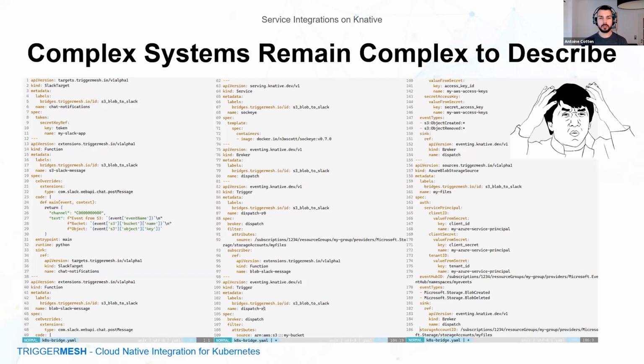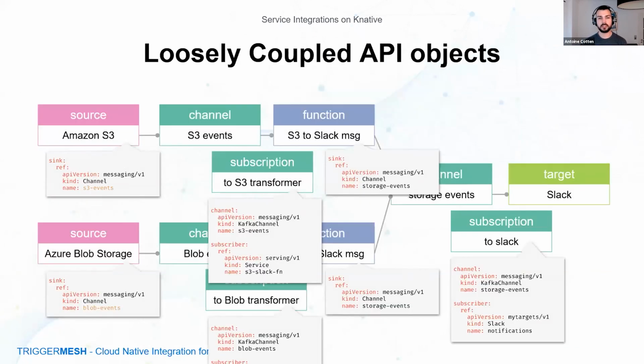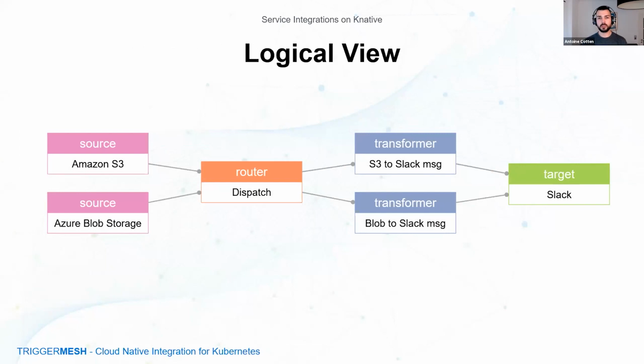What you really wanted was definitely not this, but you wanted to reason about your system more from this perspective: I have event sources, they might be dispatched to different functions and they end up in my targets. That's really what you want to think about as an integrator.